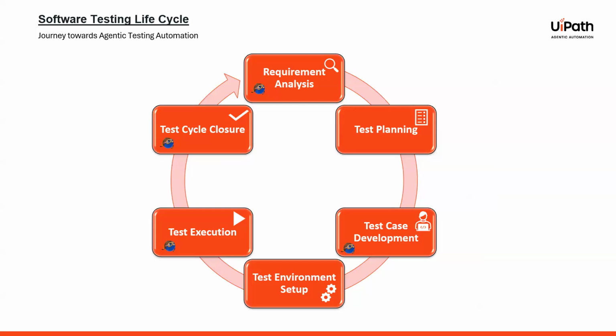Once tests are created, we will prepare the test environment and proceed to test execution. Finally, we will wrap up with test cycle closure, where we will analyze the results and refine the next cycle. Agentic testing enhances every one of these stages by bringing AI-driven assistance that speeds up work, improves quality, and reduces manual effort. That's the main goal of agentic testing.